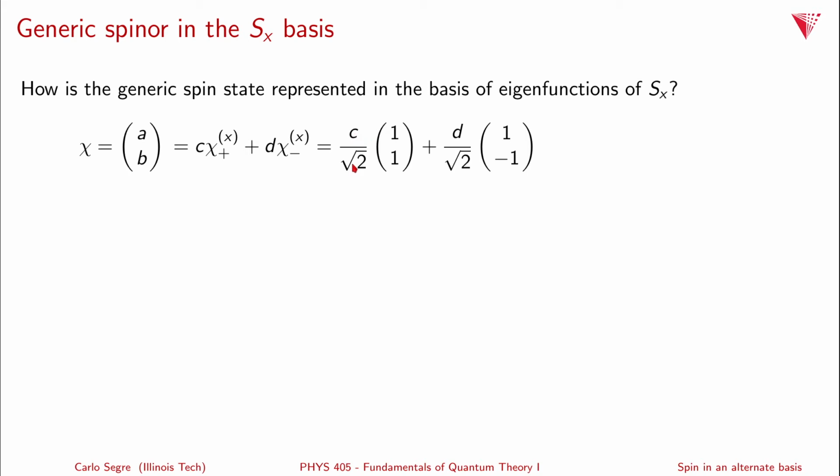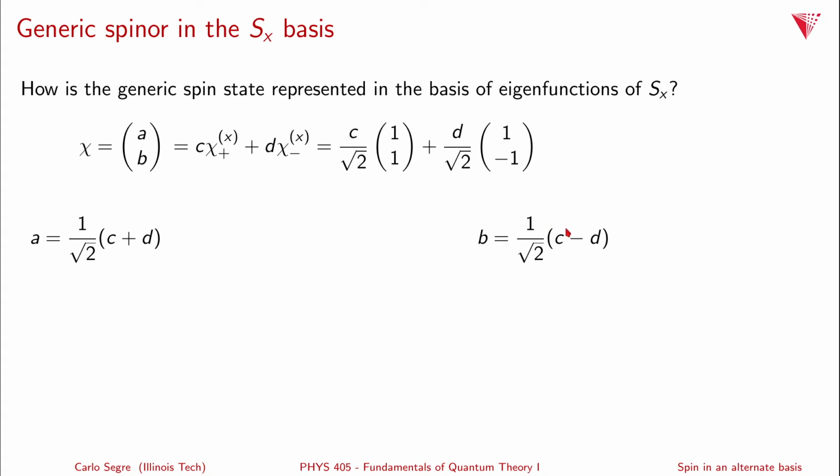So this is c times 1 over the square root of 2, 1, 1, plus d times 1 over the square root of 2, 1, minus 1. And this is equal to the vector A B. So we can write this down very simply, that A is just the sum of the top two elements here, which is 1 over the square root of 2 times c plus d. Similarly, B, which is the lower element, is 1 over the square root of 2 times c minus d. And that I have over here.